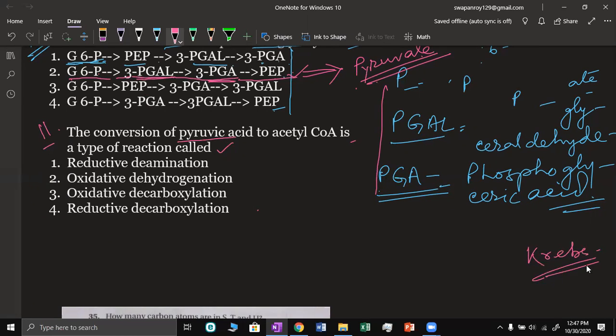But pyruvic acid does not directly enter the Krebs cycle. Pyruvic acid is changed into acetyl coenzyme A. So what is this reaction called?